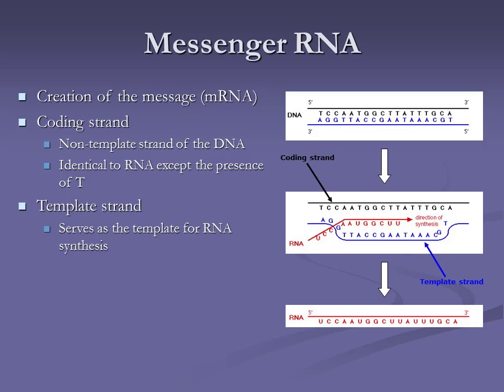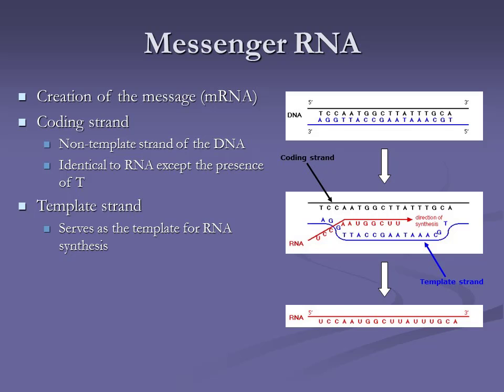And the RNA strand that's assembled is going to look in code exactly like the coding strand of our DNA, with one exception, the U's instead of the T's. So here we see TCCAAT, UCCAAU. So do you see how they're identical?